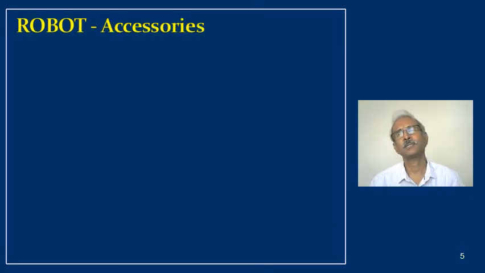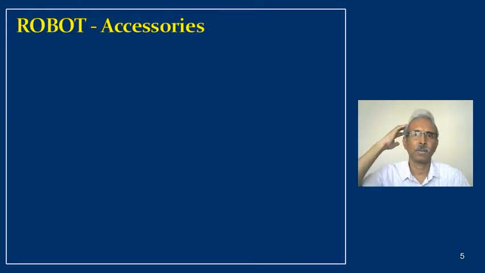So next is, of course, I have a hand. Of course there is a joint, bones, all those things are there. But can I move my hand, right? So I need certain accessories to move my hand. So what are those things? Say for example, my brain gives some signals to my hand, and the brain says move your right hand or stretch your hand.